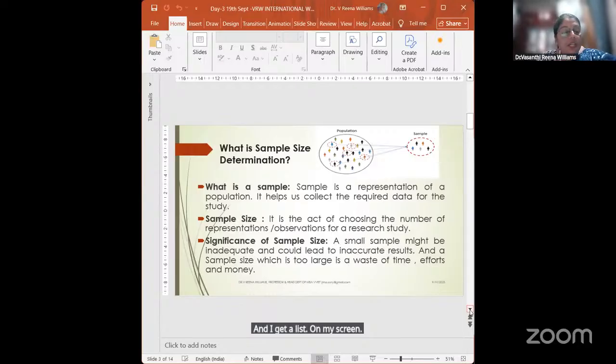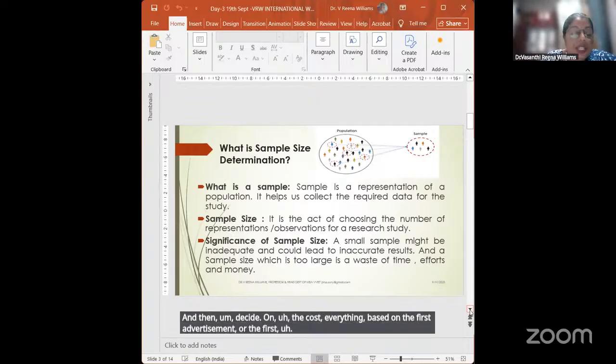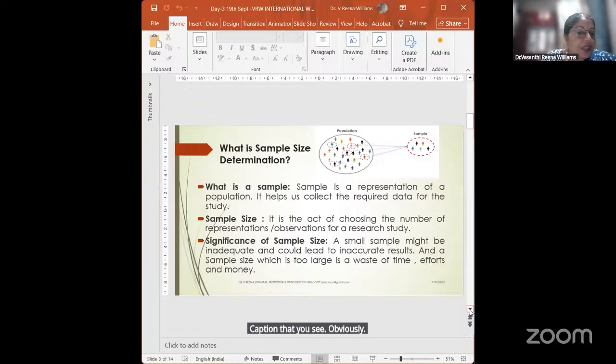Now, would I just look into the first one, or would you, if you were in my place, just look into the first one and then decide on the cost, everything based on the first advertisement or the first caption that you see? Obviously, no. We would start looking for at least 4 or 5 options.